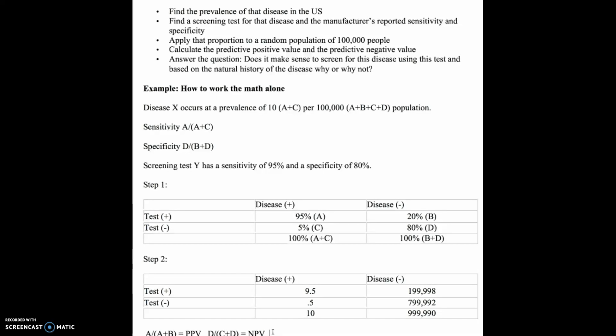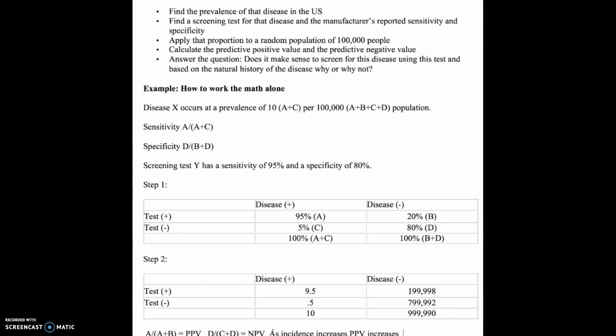Now, why is this important? Because as incidence increases, positive predictive value increases. So that means of your screening test, the more people within a population that have the disease and you decide to screen everybody for that disease, the higher the probability you're going to find somebody.